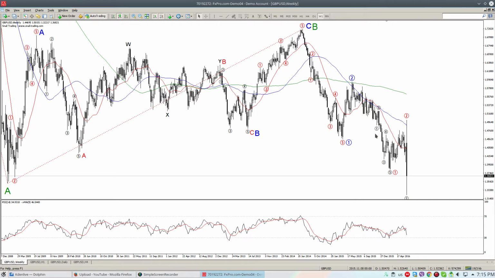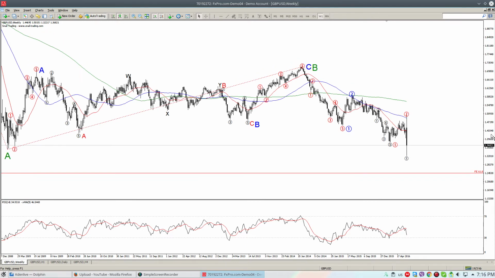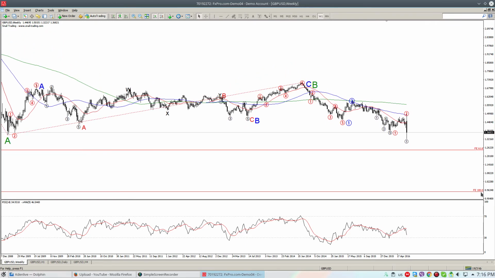invalidated that scenario, and therefore we have to accept that this low here is a wave A, thus this correction is a wave B, and we're expecting a wave C from here to the downside, where the most common typical target for such zigzag corrections is the 100% expansion of wave A from wave B for wave C, and that will be at 0.95.